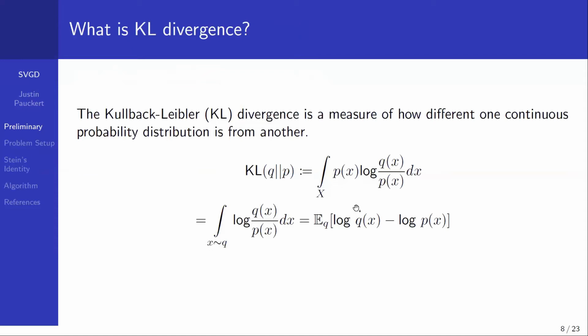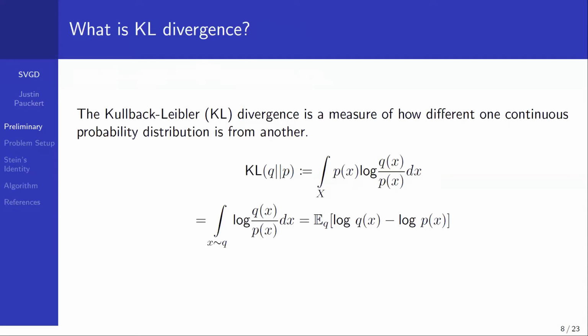So if we have x's that are drawn from Q right here, most of the time this logarithmic expression of p is going to be 0 and is not going to affect this whole expected value at all. So you can basically forget about it, and then what we end up with is just this expression right here, which is going to be some large value. So if they're very, very different, it's just going to be this expression right here, and it's not going to be 0. And so it actually makes sense to think about it that way.